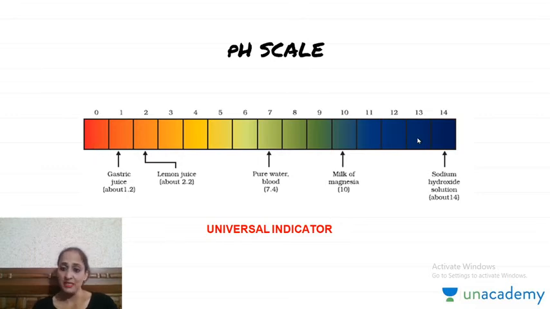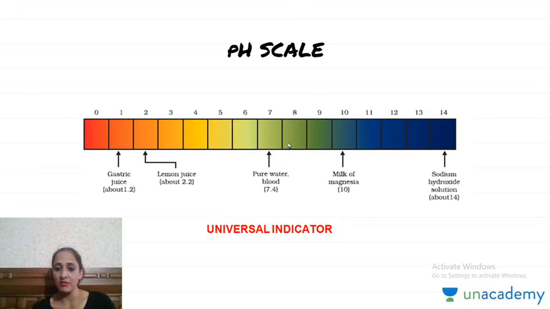So you dip this paper strip in a solution. Wherever the color matches, that is the pH of that solution. For example, you dip the strip in water and match the color that comes on the strip with this chart.